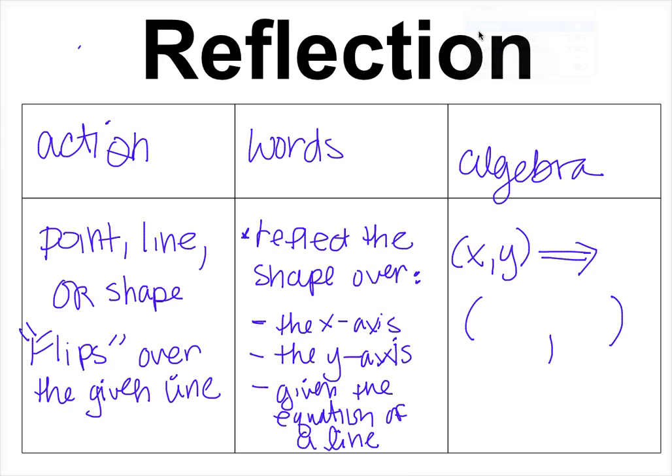All right. Now take a look at your next page, the reflections page. And what I want to take a look at is the first graph on the left-hand side. You'll see our red line here. And the word x-axis means it's going to reflect on the x-axis.